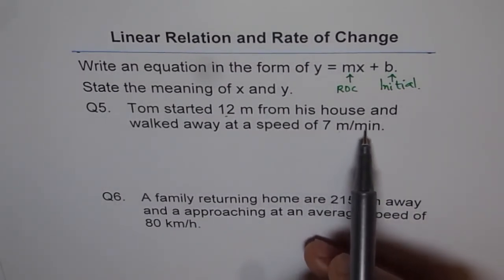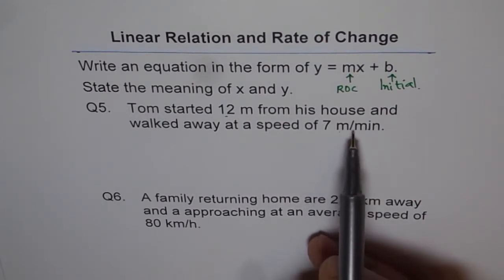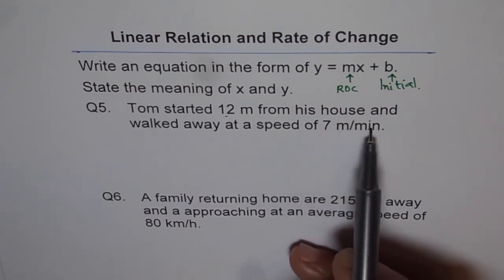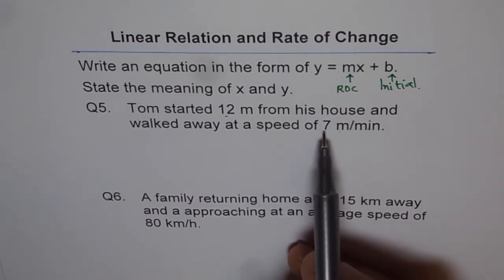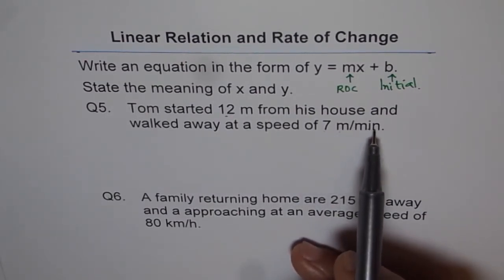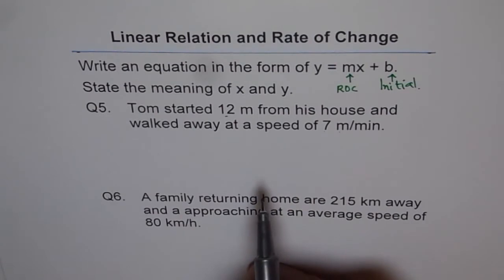So whenever you see this kind of a ratio, per hour, per minute, that is the rate of change. That means that every minute distance is increasing by 7 meters. 7 meters per minute. So that becomes the rate of change.